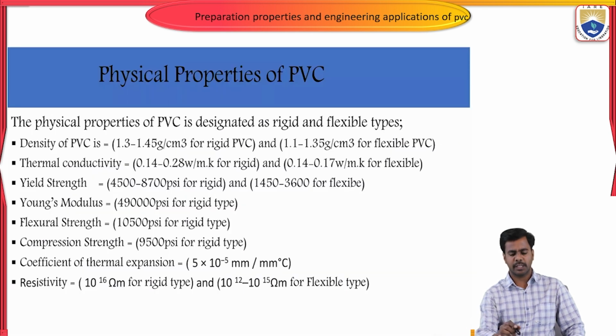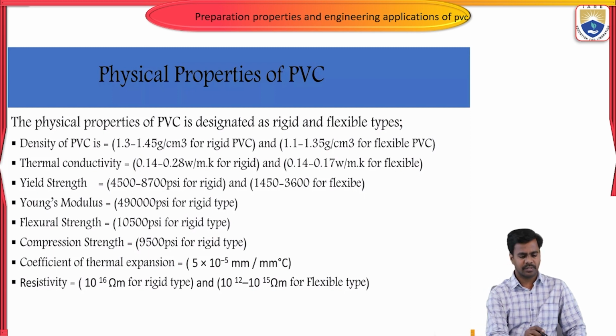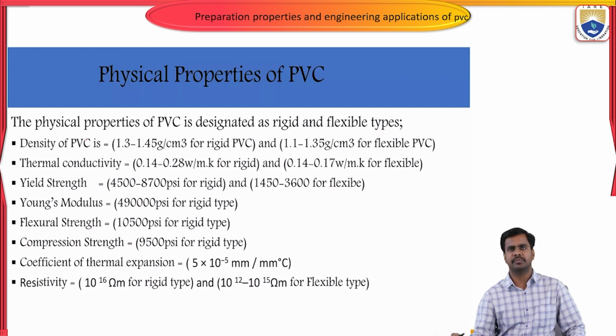Next, some physical properties of the PVC. The physical properties of PVC are designated as rigid and flexible types. And first one is the density of PVC, which is 1.3 to 1.5 grams per centimeter cube for rigid PVC and 1.1 to 1.35 grams per centimeter cube for flexible PVC.